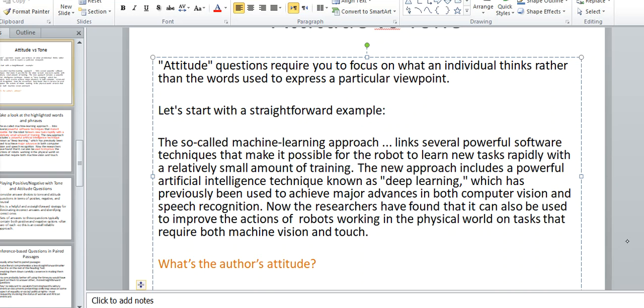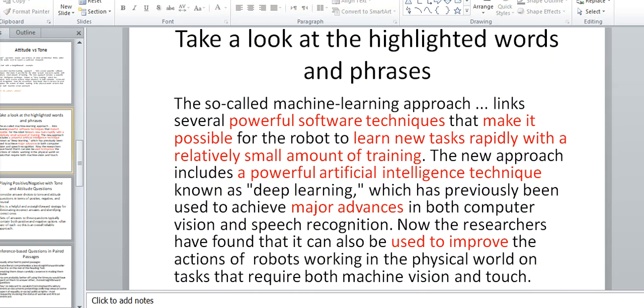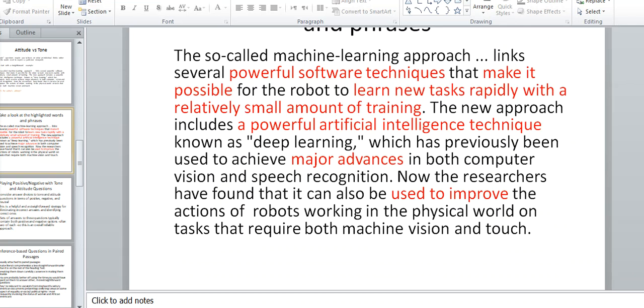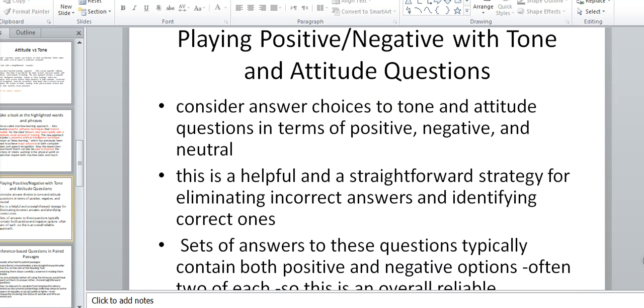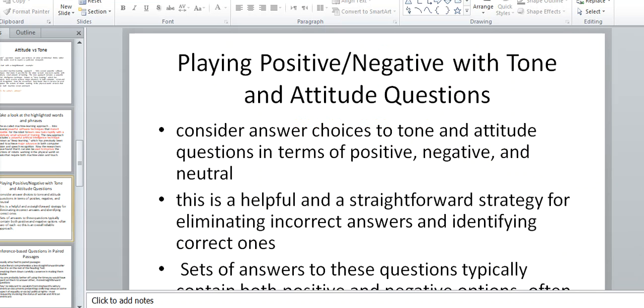Let's move on and see what's next. Here we have the highlighted words. If you have missed them, I always encourage you to pause the video every now and then, just for you to catch up with all the information given.